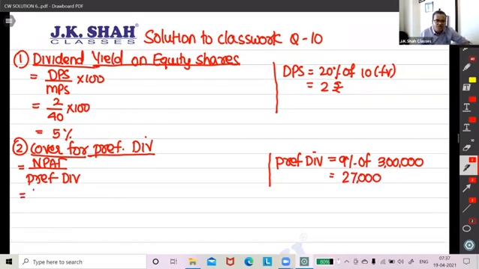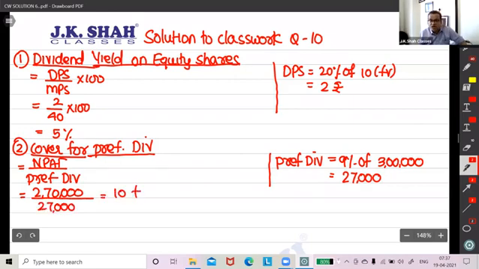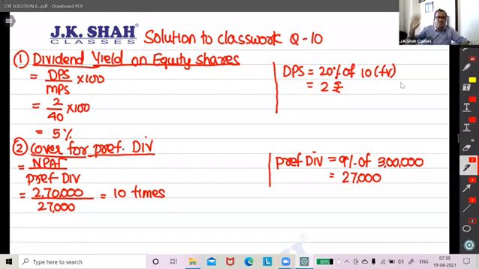NPAT given in the question is 2 lakh 70,000. And the preference dividend is 27,000. So coverage is how much, guys? 10 times. I hope everybody has understood this ratio, friends. The company is playing pretty safe. It's having a 10 times coverage.